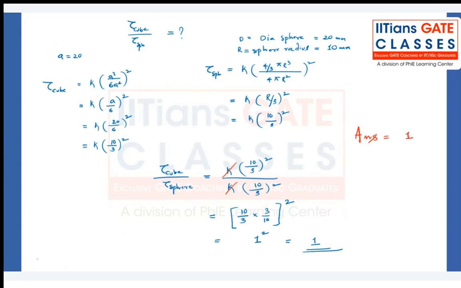The ratio between the cube and sphere, you may get confused here, but it is only 1. I hope you understand. Now, let us go for the next question.